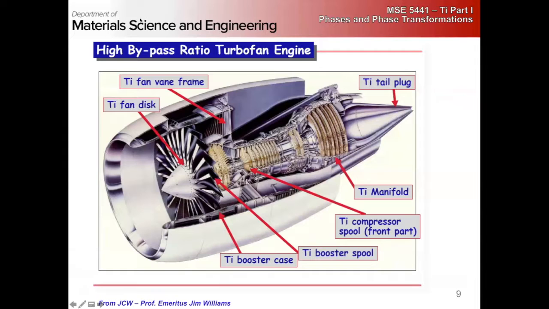But if we look at where titanium is used, it's used in a whole lot of places. Everywhere essentially except the hot stage turbine, where you've got compression and high temperature combustion going on. That's the nickel superalloy land in here. But everywhere else that's metal is a lot of titanium. This is kind of an older picture. What are these blades made out of?